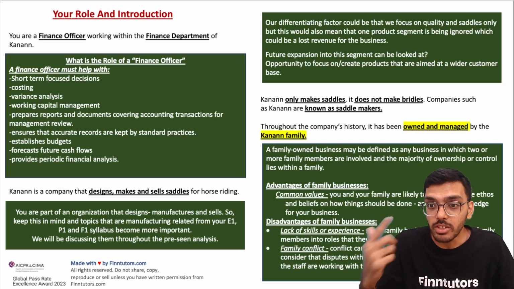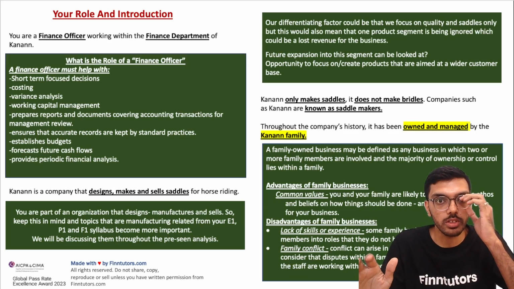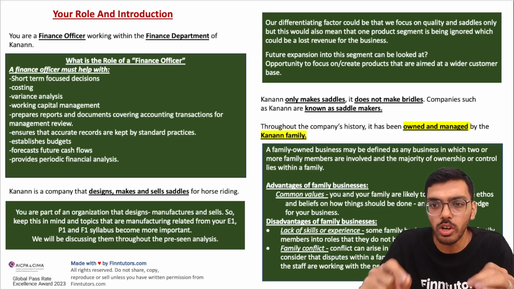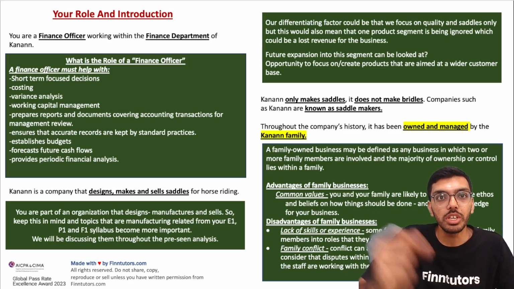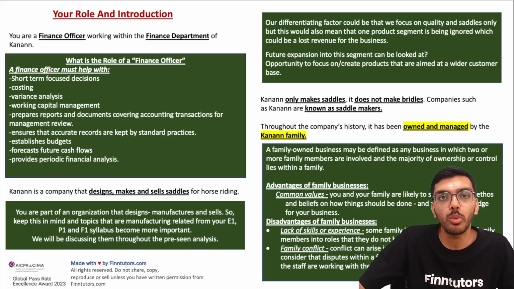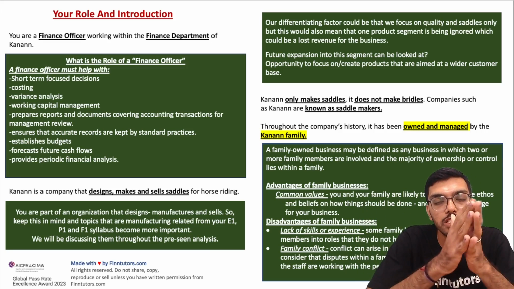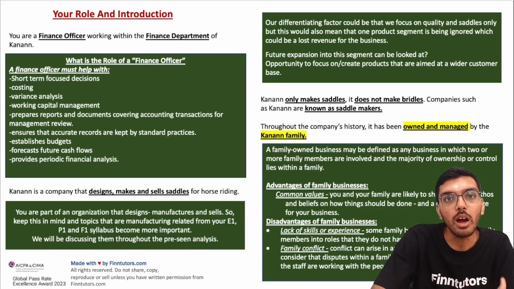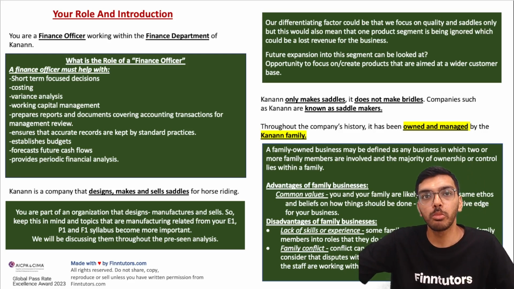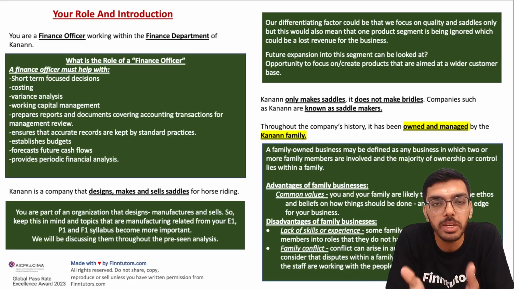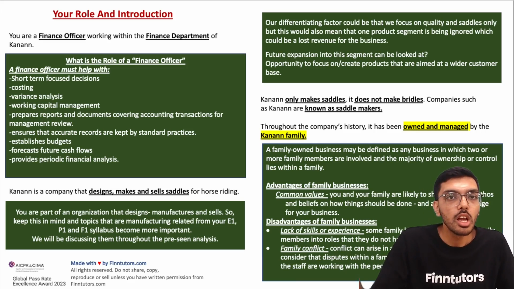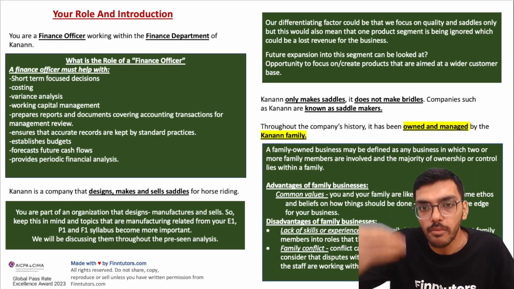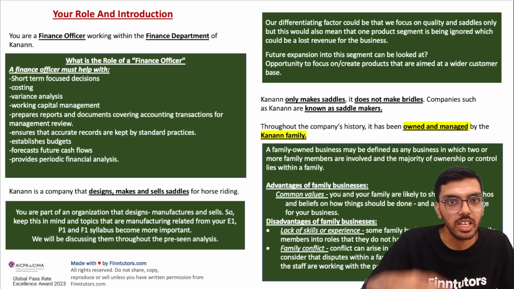What I tell all my students is, if you want to be a good finance officer, specifically for this exam, you need to have good E1, P1 and F1 knowledge. That's the place to start from. Without that knowledge, you cannot move ahead because you won't be able to answer the majority of the questions in the exam. For example, they raise a variance question in the exam.